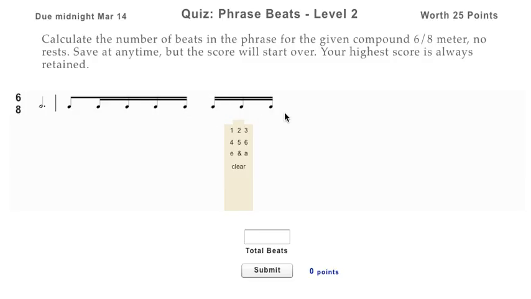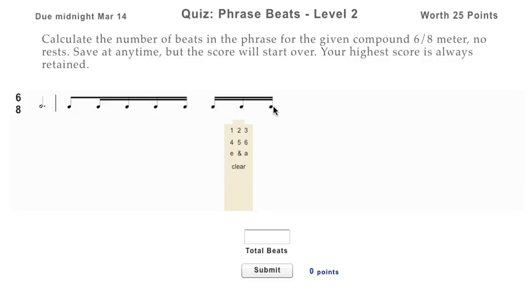And right now we have a 16th note, another 16th, and another 16th. So 3 16th notes. Now, one way to think about it is 3 8th notes equal a beat. So 3 16th notes, which are half the value of 8th notes, is going to be half a beat.